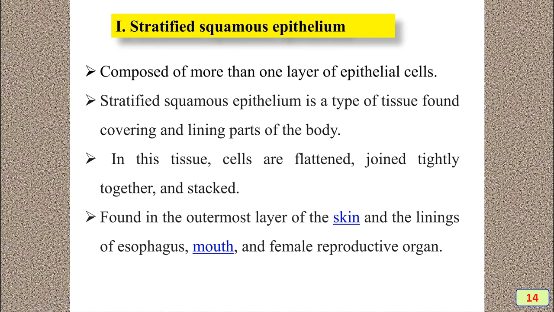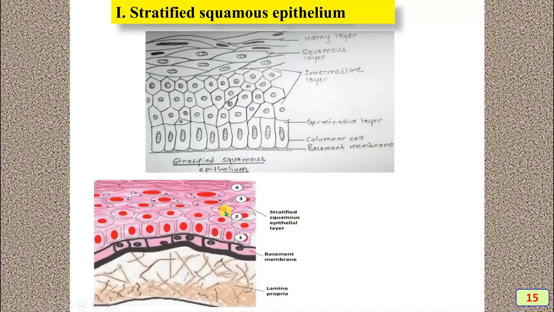So these stratified squamous epithelial cells are very much required for the body, present in the outermost layer of the skin and in the moist tissues like the esophagus and vagina.